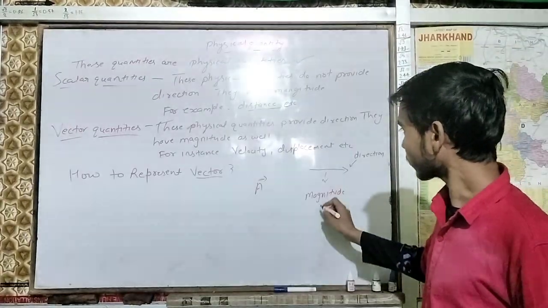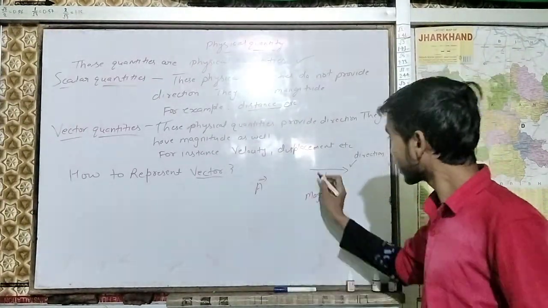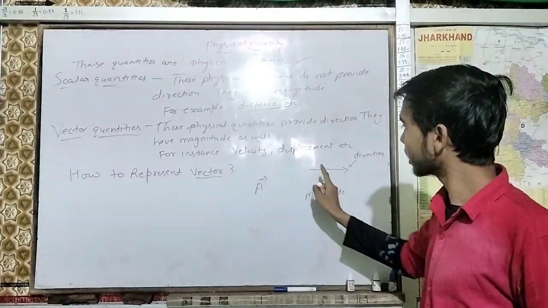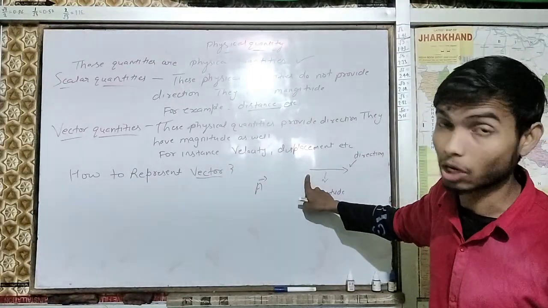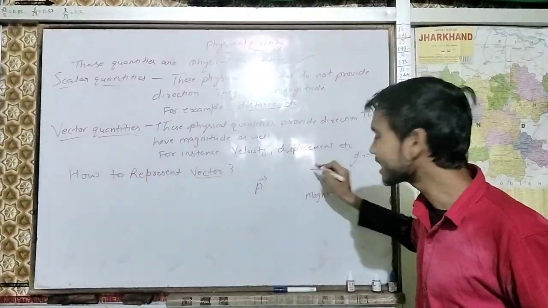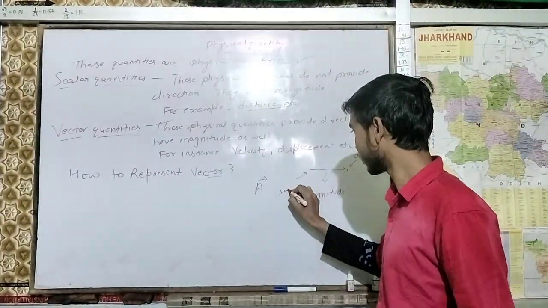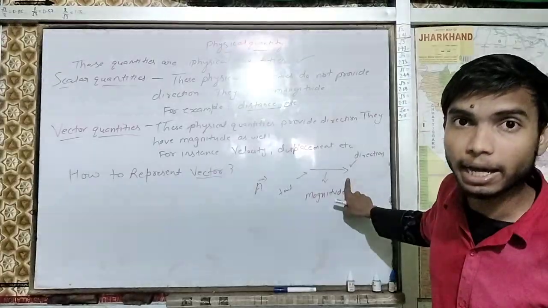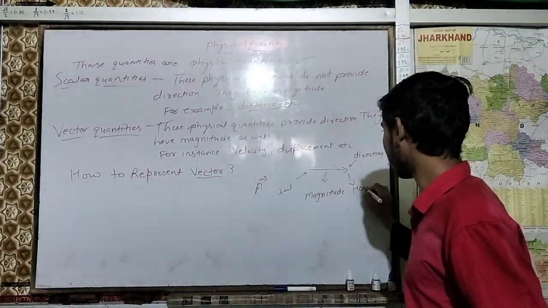Now one more thing, this ending side without arrow is considered as a tail, clear? And this side which is with arrow is considered as a head, tail and head.